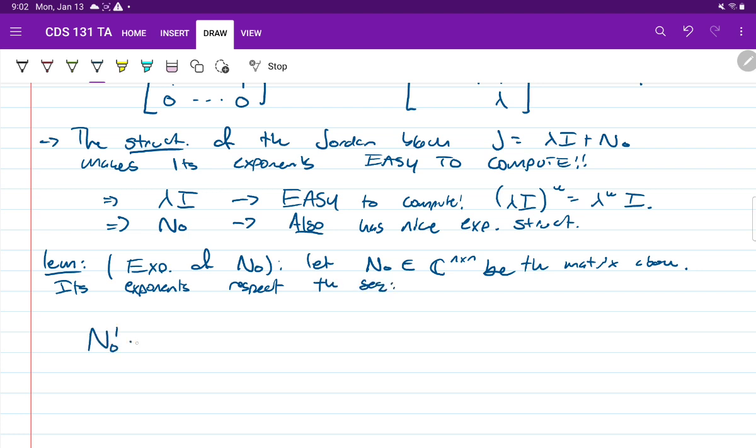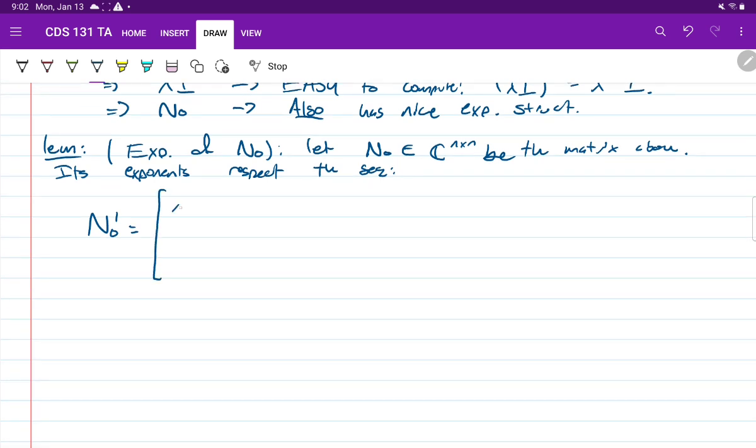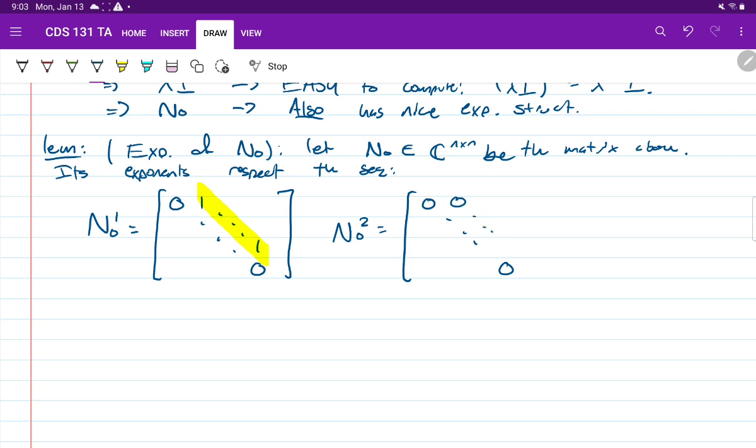First, if we take n naught to the first, we just get the actual matrix, 0s and 1s. Now if I take n naught to the second, this super diagonal of 1s shifts up to the right by 1. So n naught to the second has 0s just above the diagonal, and then above this super diagonal of 0s, a bunch of 1s, and 0s elsewhere. This pattern continues, with the super diagonal of 1s shifting up by 1 for each new exponent that we take.